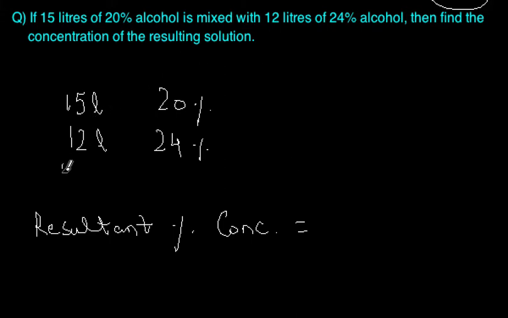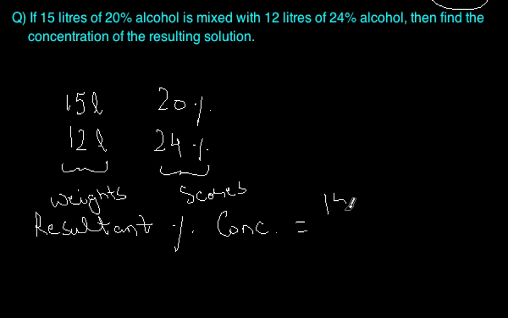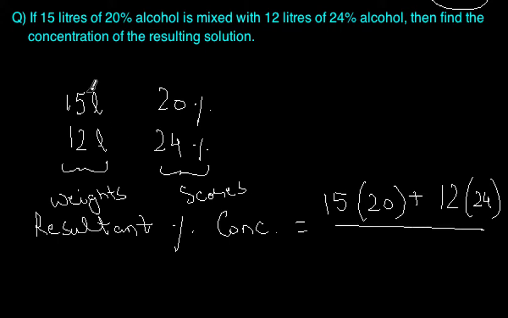once again in this case this column will be the weights, because the more the amount of a particular liquid, the more it will contribute to the resultant percentage concentration, and these are actually the scores here. So once again, if we apply the formula, 15 into 20, the corresponding score with the weight, plus 12 into 24, divided by the total sum of weights, which is 15 plus 12.